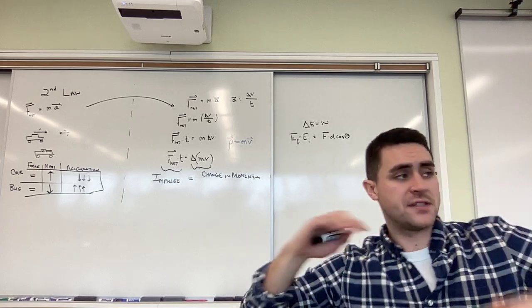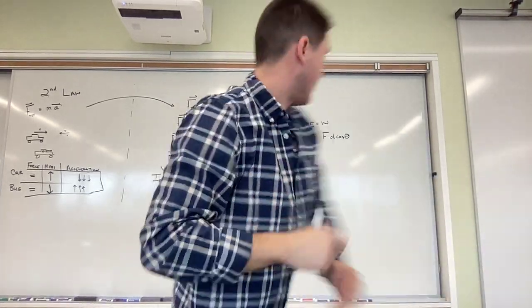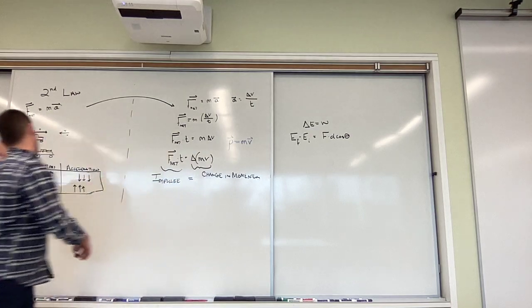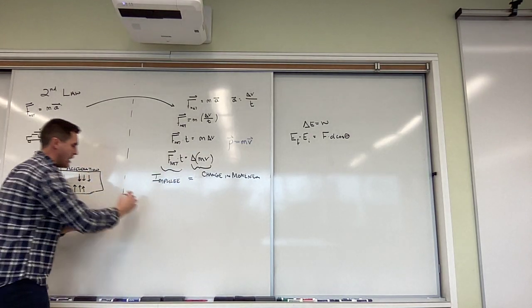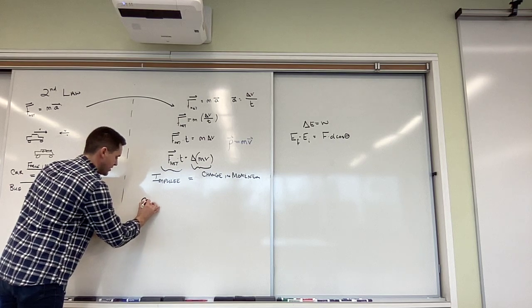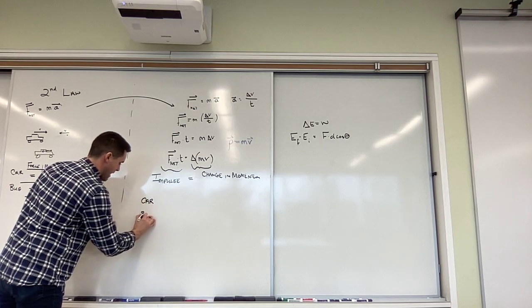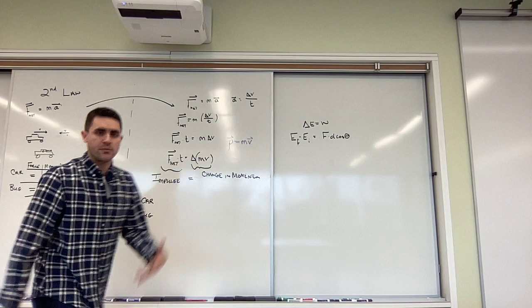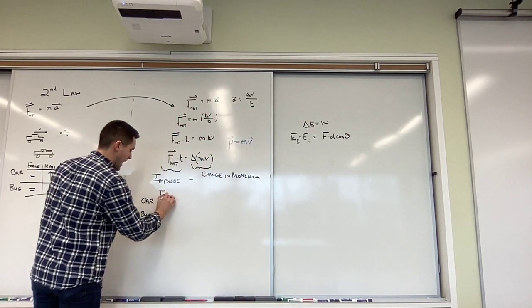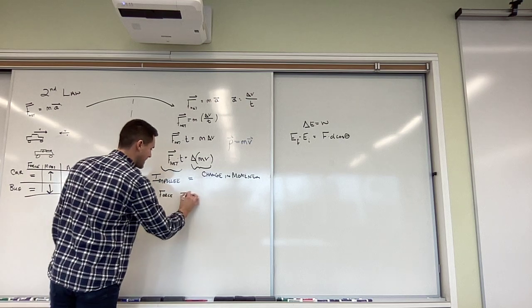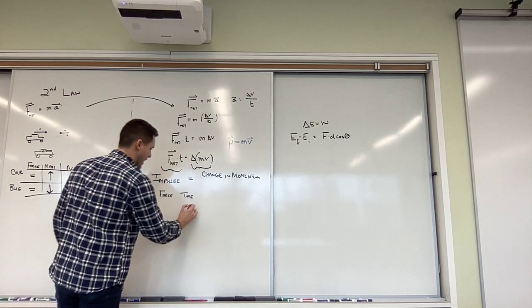Okay? Let's revisit that bug and car scenario. They interact. They have the same force that acts on them. We said Newton's third law. Let's look at a couple quantities. Let's look to explain this car-bug phenomenon using the impulse and change in momentum. So we'll look at, again, the force that acts between the bug and the car. We'll look at the time of the interaction.